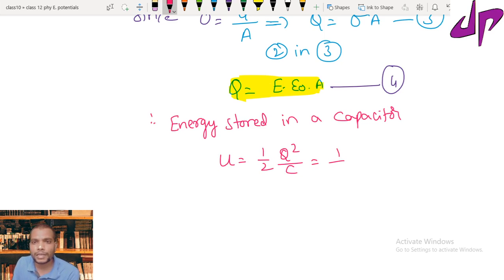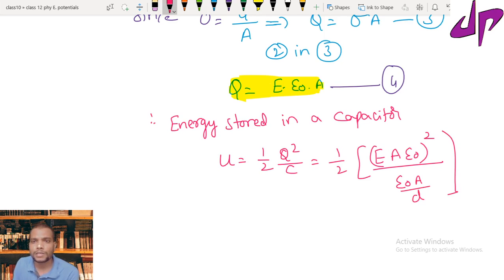From the fourth equation, Q square equal to E times A times epsilon naught, squared, upon the capacitance C equal to epsilon naught A by d, which is the capacitance from equation 1.